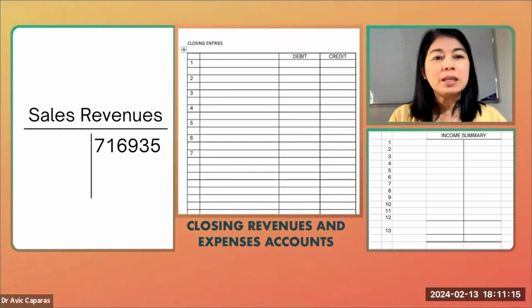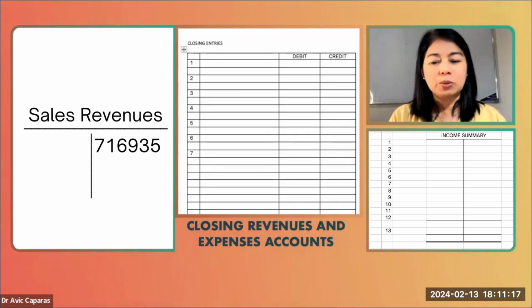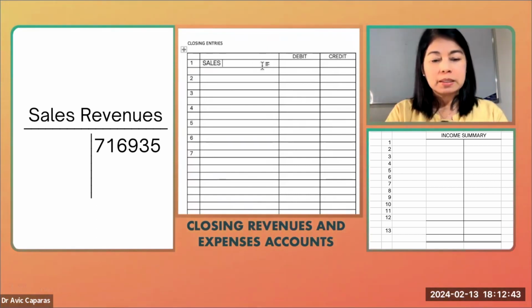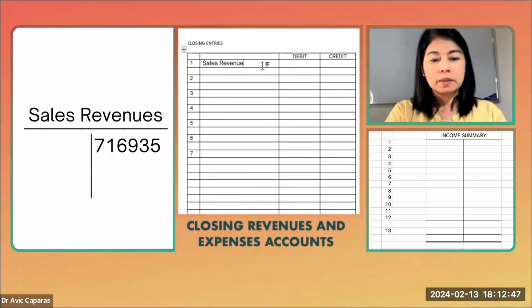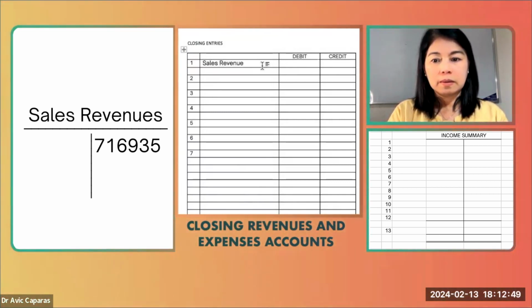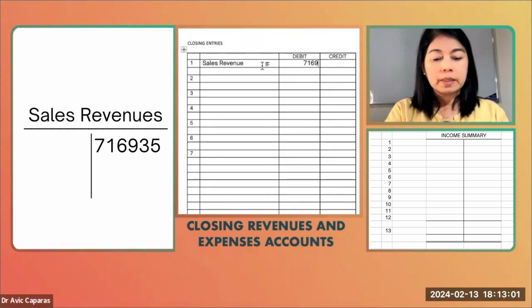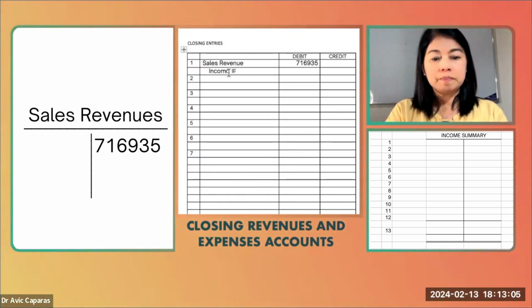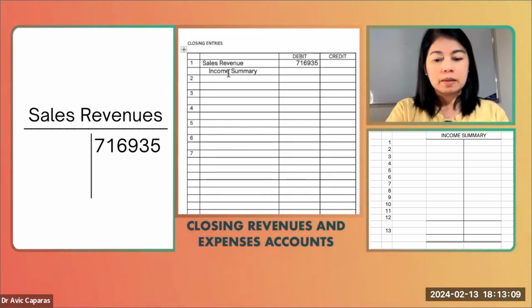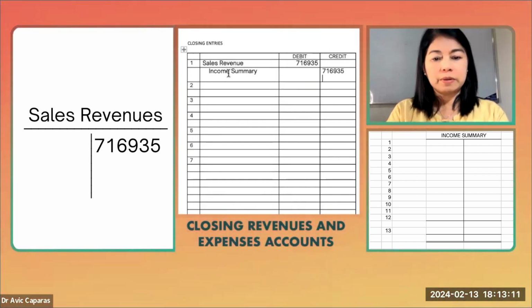The first thing that we see here is sales revenue. So we will close the sales revenue with this entry. Sales revenues 716,935, and then income summary 716,935.